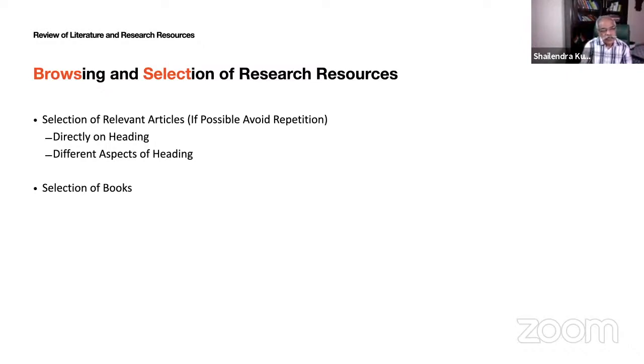And on the different aspects of heading, your research title is the one main broad heading, and under that broad heading you have some 4 or 5 subheadings, like information needs and seeking behavior of biological scientists. So information need is one, information seeking behavior is another. Seeking behavior is a psychological part.